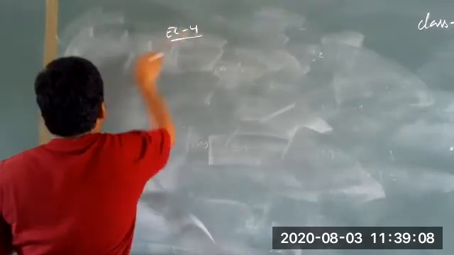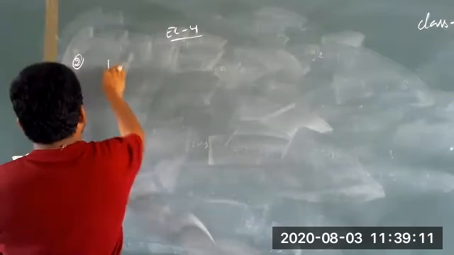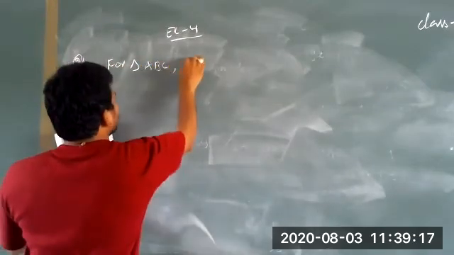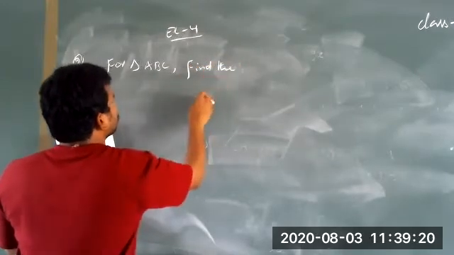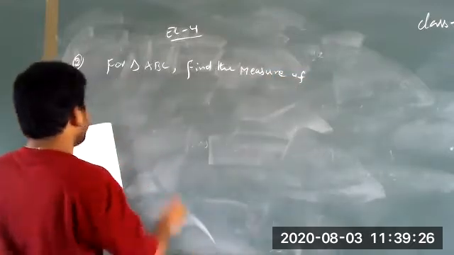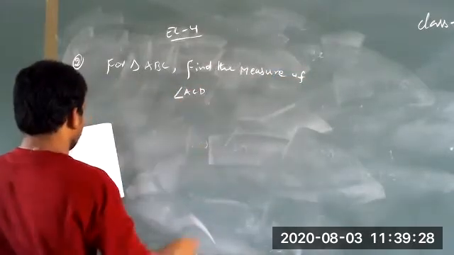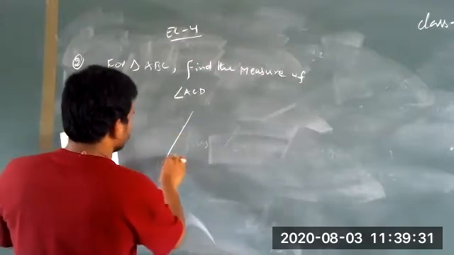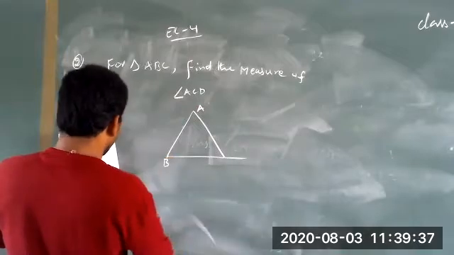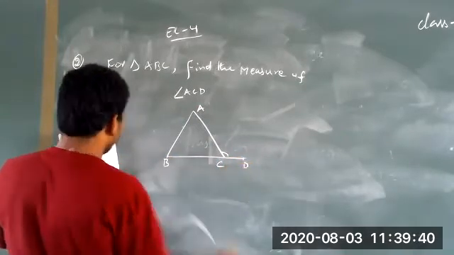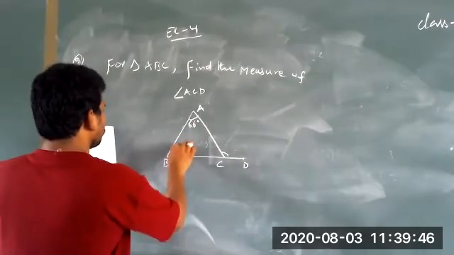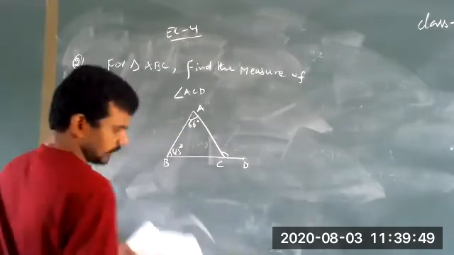With points A, B, C, D, the angles 66 degrees and 45 degrees are given.